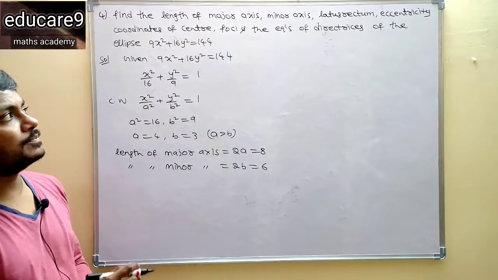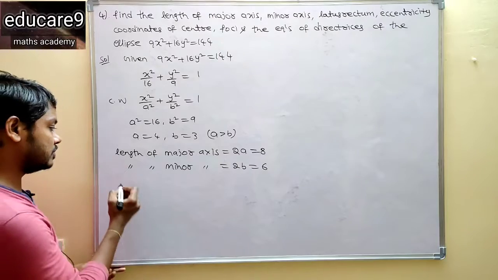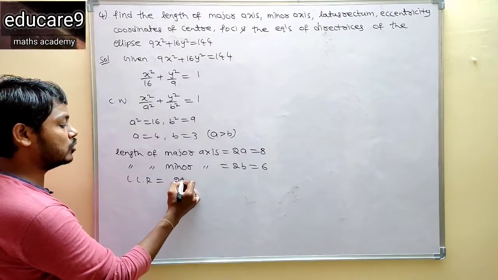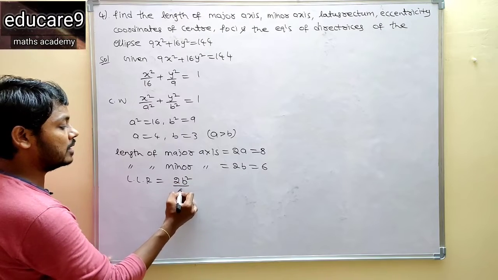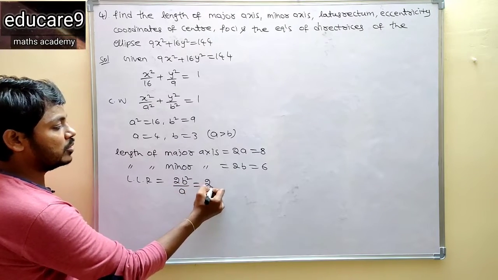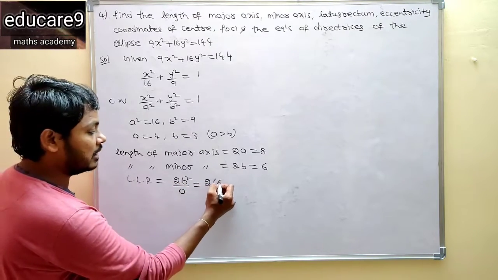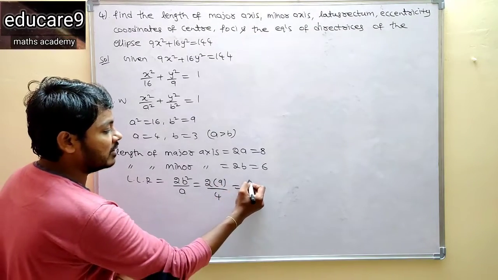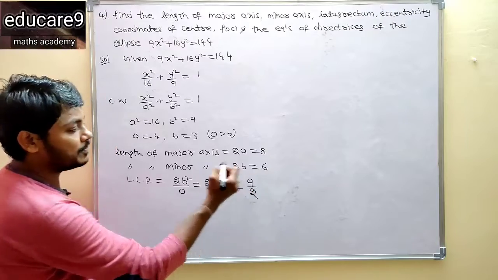So next find latus rectum, LLR. That is 2b square by a. So 2 into b square value 9 divided by a value 4. You will get 9 by 2.